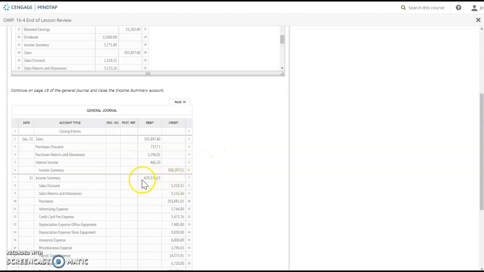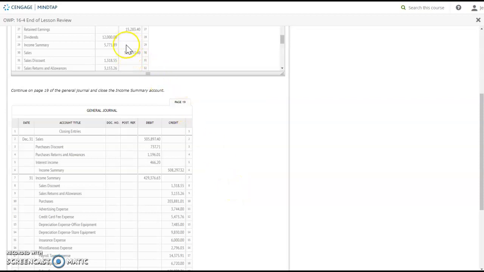Okay, and now I see that I have a debit. So now I'm going to add that debit in there, so plus 429,376.63. Now, that still gives me a negative number.